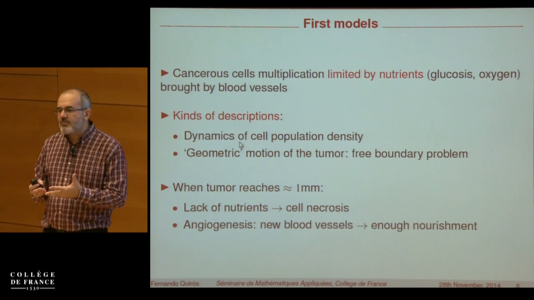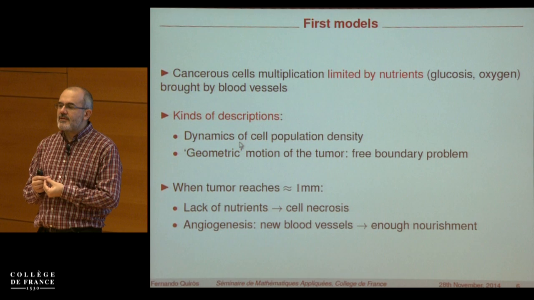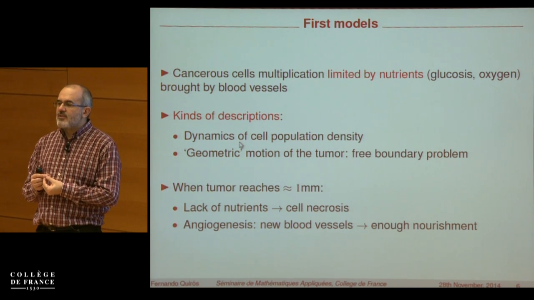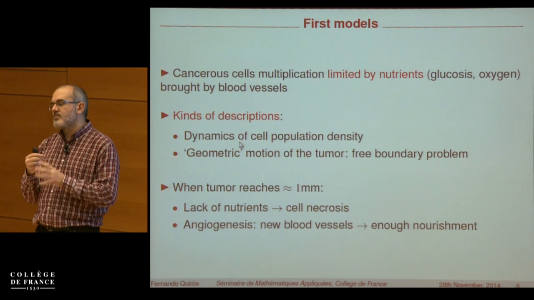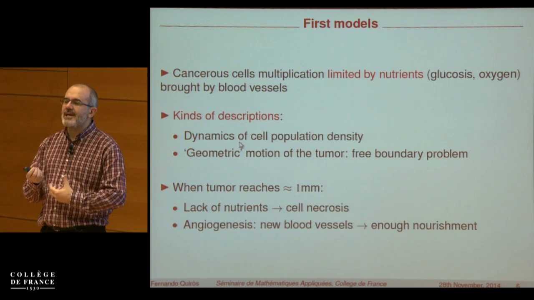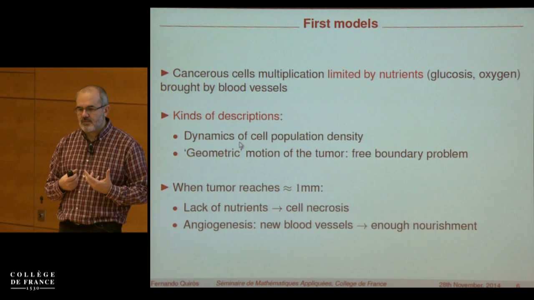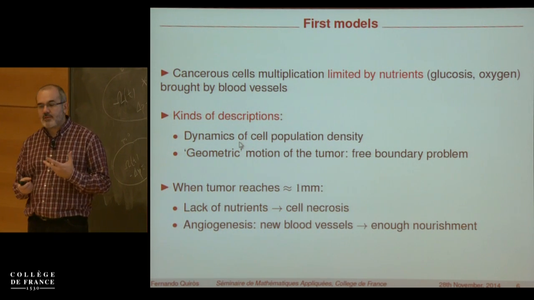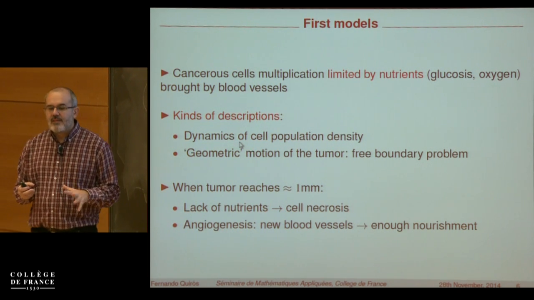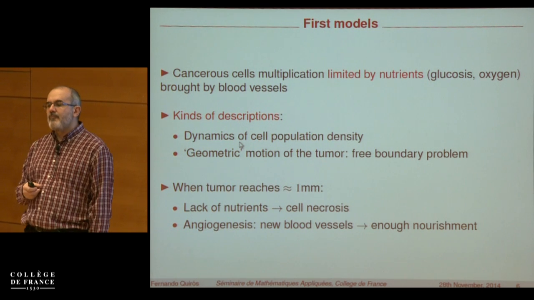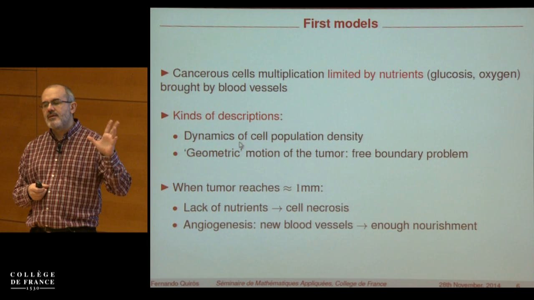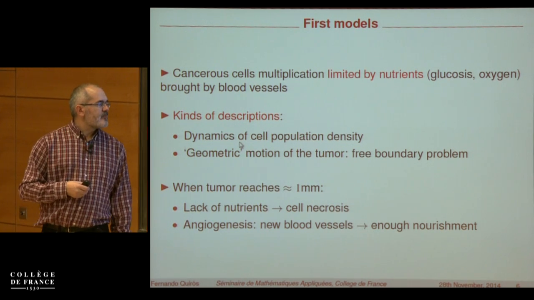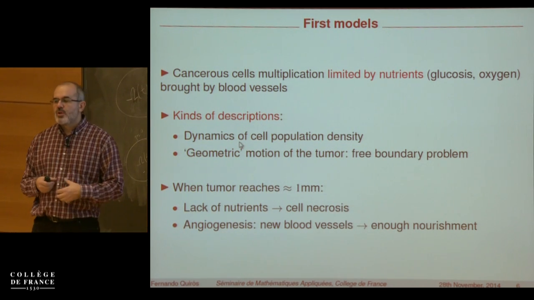But when the tumor reaches a size of 1 millimeter, it's not so easy for the cancer cells to get nutrients, and they start to die because of lack of nutrients. So they become necrotic. But necrotic cells send some signal that makes the body produce new blood vessels.